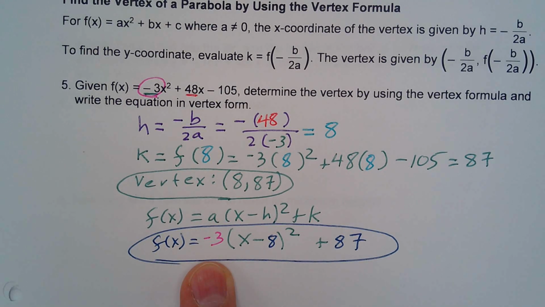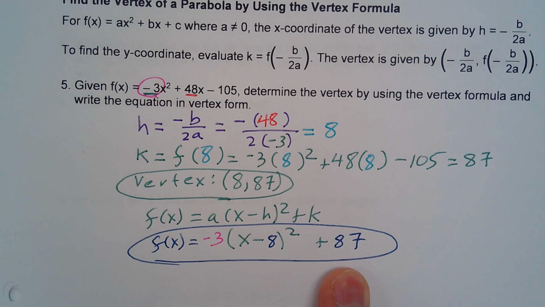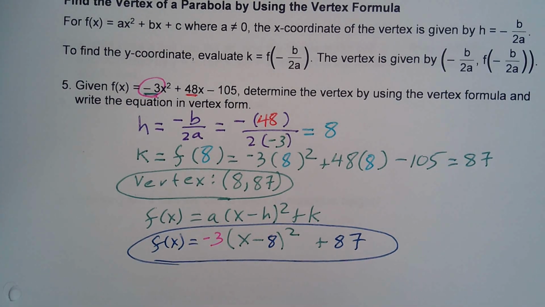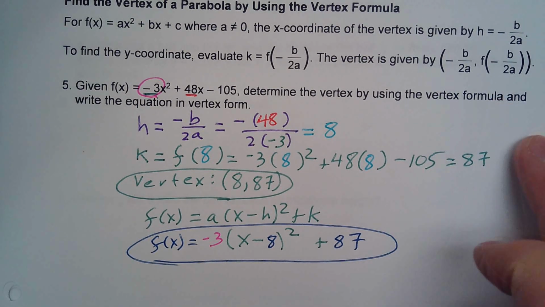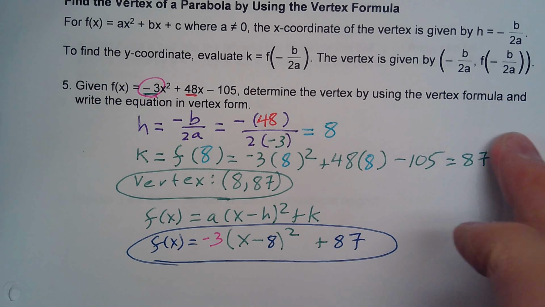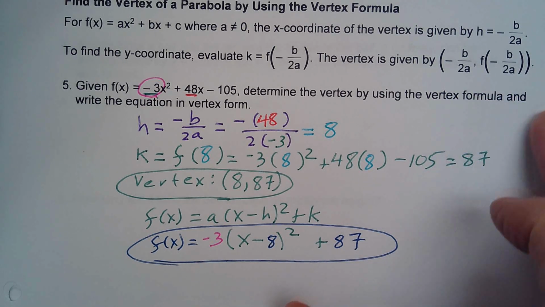We'd have a stretch by a factor of 3. Then it would be reflected vertically across the x-axis. We'd have to shift right 8 and up 87. Now, if you just think about it visually, my graph would be way up here. Notice it will not have any x-intercepts because it's up here.